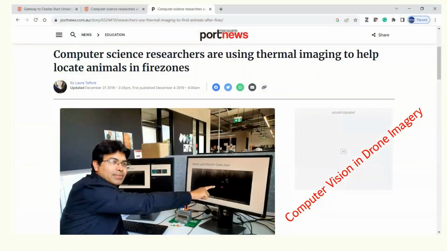However, we have to link this story to a real world event. It couldn't be a fairy tale or something. So one of the projects which we did back in 2018 was related to the 2018 bushfires in New South Wales. Our university campus was also affected by these fires, leading to animals like koalas and kangaroos being trapped in the fire zone.